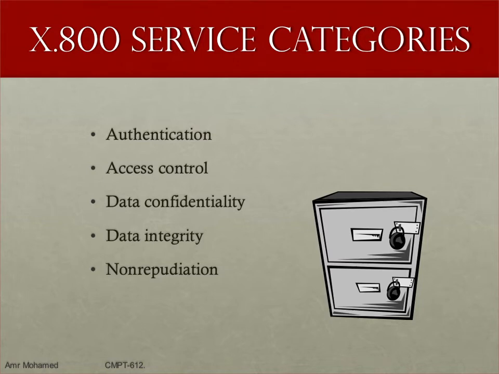So by authentication here, again, we said that authentication means that the person who is accessing this data or sending this data is really ensured to be the same person that we know. Access control here means that we need to provide all the privileges and access control restrictions to make sure that Amr is not accessing Muhammad's data, for example.